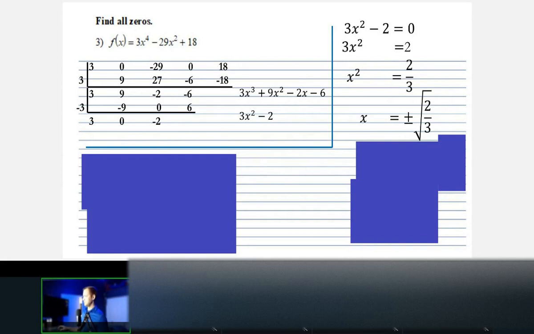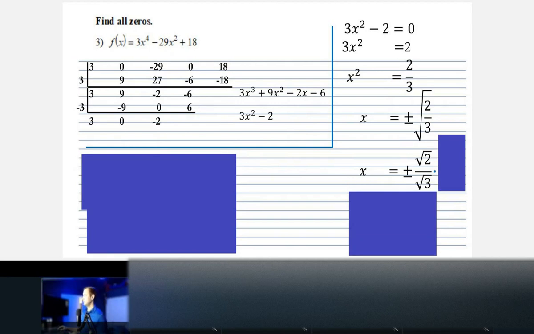All right, everyone doing good so far? As another refresher, when you square root a fraction, it is the same thing as square rooting the numerator and denominator separately. And that's what I'm going to show you. So I rewrote it as rad 2 over rad 3.